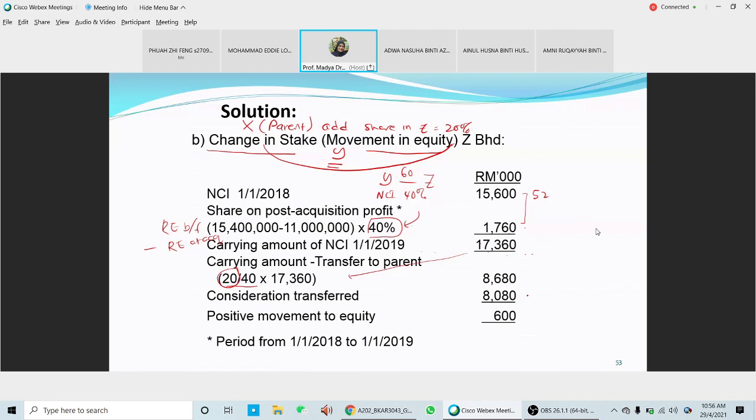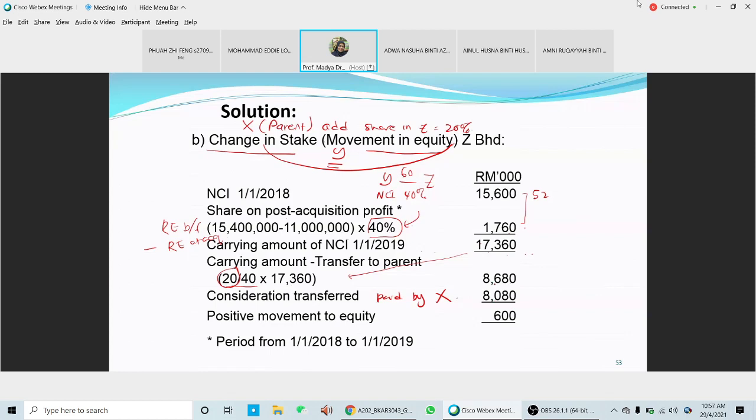Where to get this one? 8,080 refers to the information given. In slide 49 you can also find that one. In slide 48 it also said that they acquire an additional 20% interest in the equity for a consideration of 8,080. So this is the amount paid as consideration by the parent.